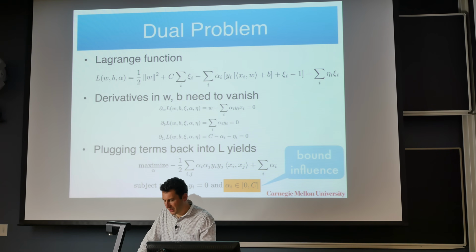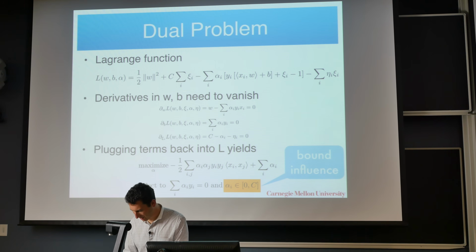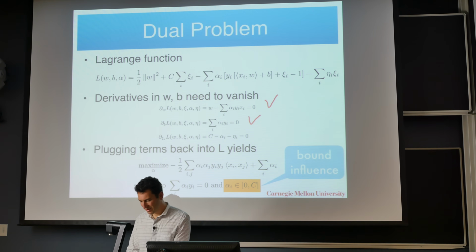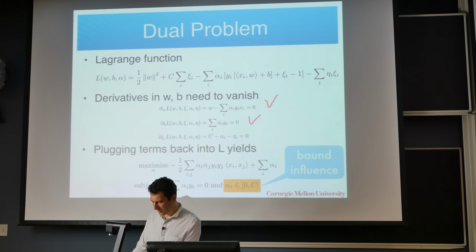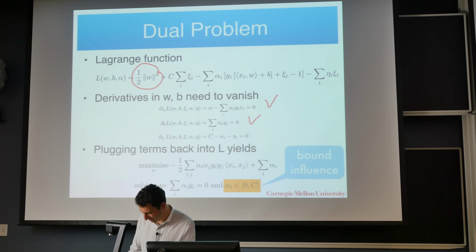Okay. So let's look at the derivatives. The first one we already know, right? It's just what we already had before: w equals the sum over alpha i y i x i. So that is entirely unchanged. The second term we also know, entirely unchanged. And mind you, this first term will effectively take care of this and that part.